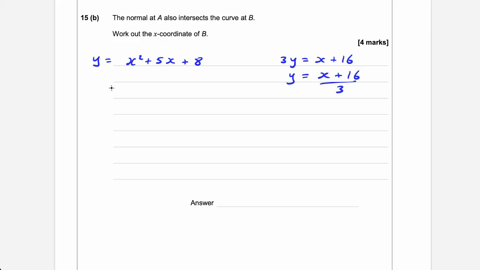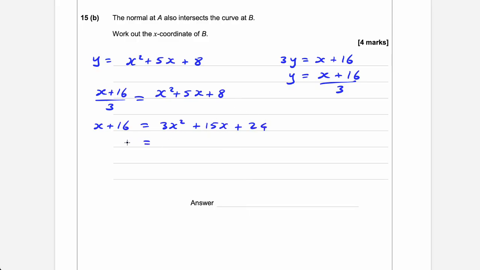So now I'll put x plus 16 over 3 equal to this, x squared plus 5x plus 8. Multiply across by this 3, guys, to remove the denominator. So x plus 16 equals 3x squared. Don't forget to multiply this by 3. So this is 15x, and this is 24.